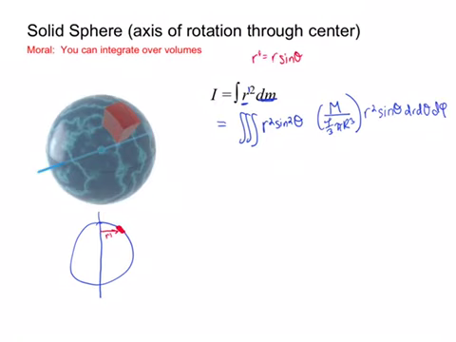So let's tidy everything up just by pulling all our constants up front and combining like terms. Here I can pull out my total mass over total volume, 4/3 pi big R cubed. I can't pull anything else out.